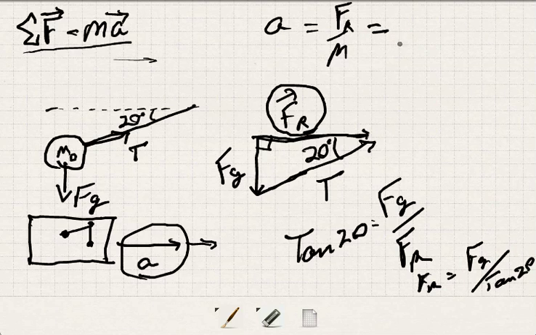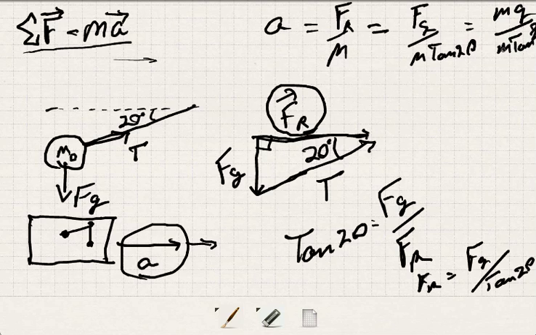And so we're glad we didn't put any numbers in, because now I've got the force of gravity over mass times tangent 20. But the force of gravity is just mg over m tan 20. Oops, sorry. And the masses cancel, so the acceleration is equal to g divided by the tangent of 20.